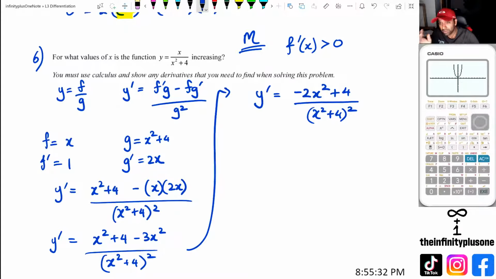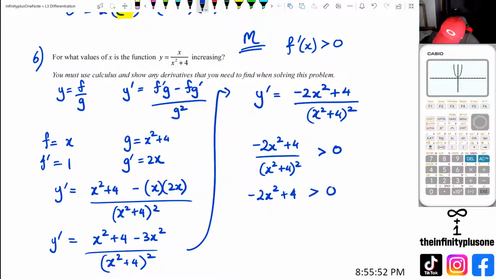Remember, for increasing functions, we want the gradient to be greater than 0. So negative 2x squared plus 4 over x squared plus 4 squared has to be greater than 0. Now cross multiplying this, we're going to get negative 2x squared plus 4 is greater than 0, because 0 times x squared plus 4 squared is equal to 0.